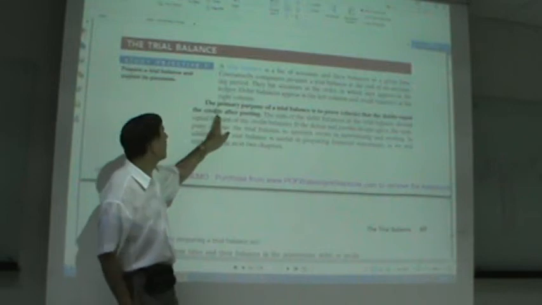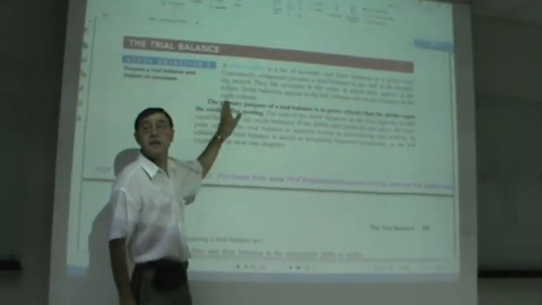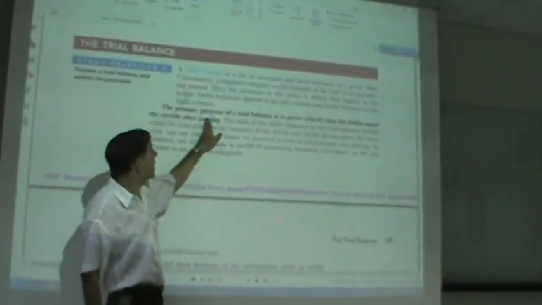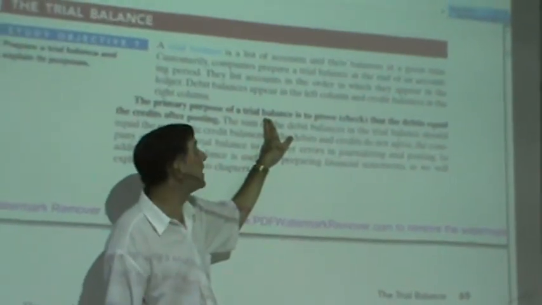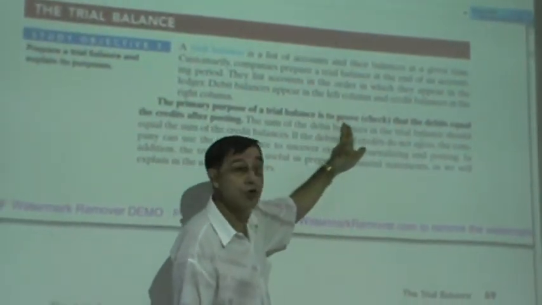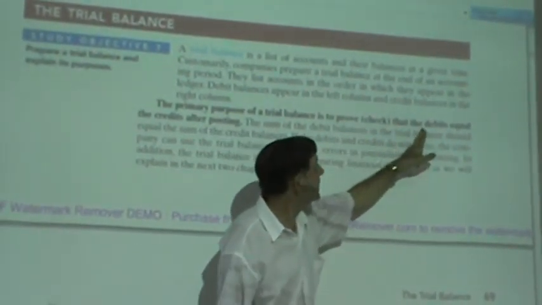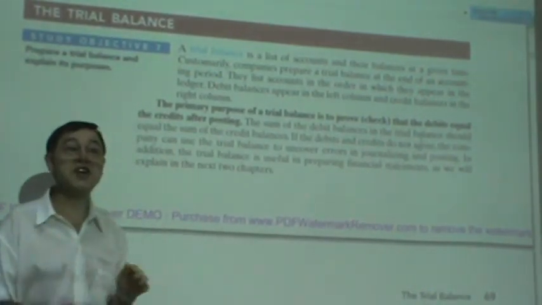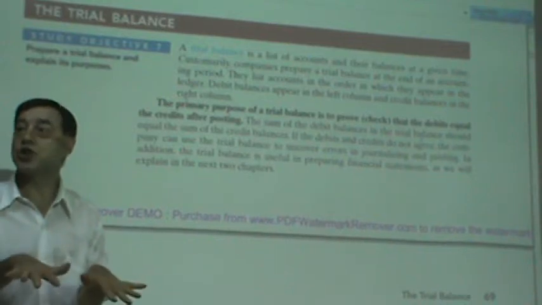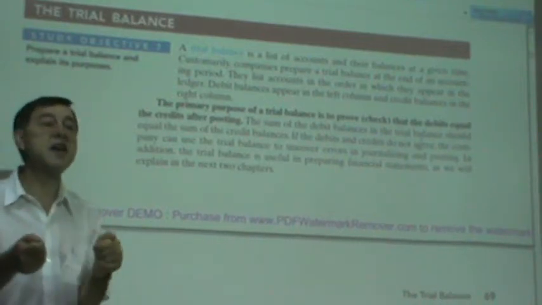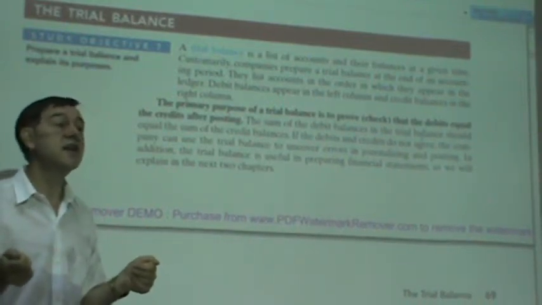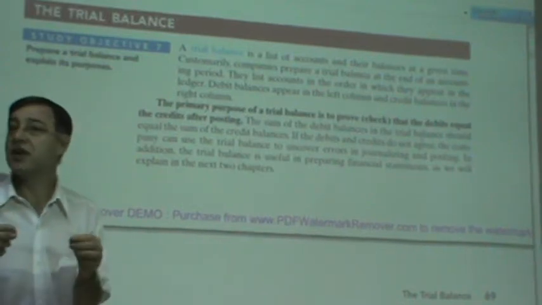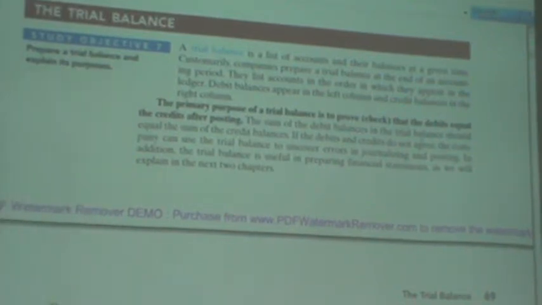Here's what they say. The primary purpose of a trial balance is to prove, meaning to check, that debits equal credits. It just helps you to make sure you did not make a mistake, okay? It helps you to check you don't make a mistake.